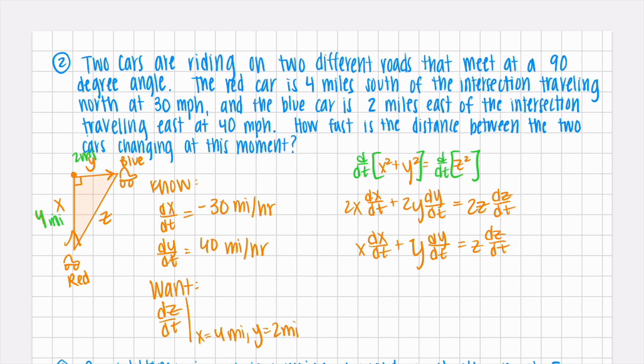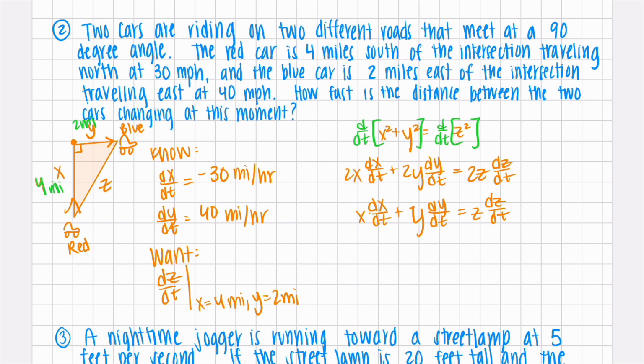Once we've taken the derivative, we can plug in. So x is 4, dx/dt is negative 30, y is 2, dy/dt is 40.